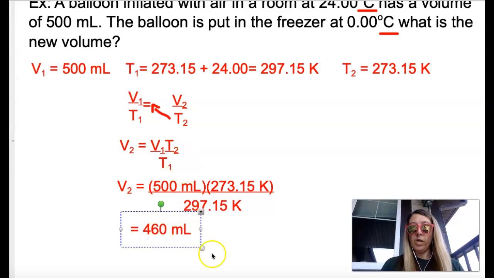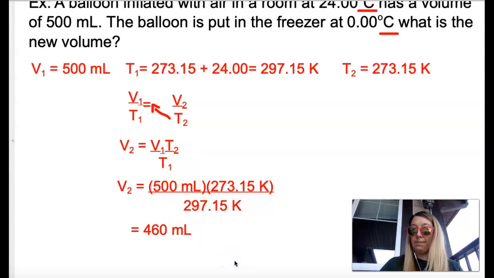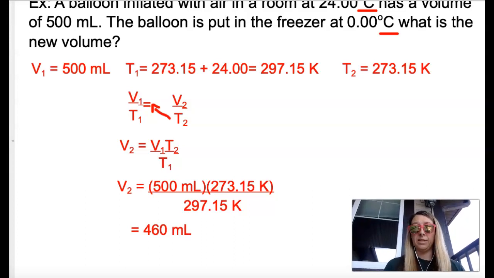This is smaller than what I started with, which is what I expect, because my temperature decreased, so my volume was supposed to decrease. So always do that quick little check. It takes 2 seconds, and it's a really quick way to double check that you've rearranged and substituted properly, because honestly in this unit that tends to be the biggest issue you guys have with calculations: plugging things in improperly or rearranging incorrectly.